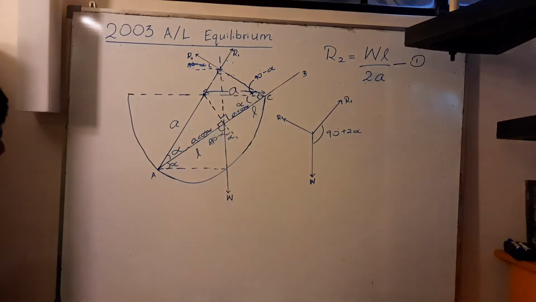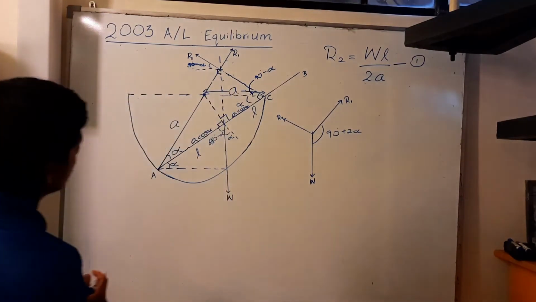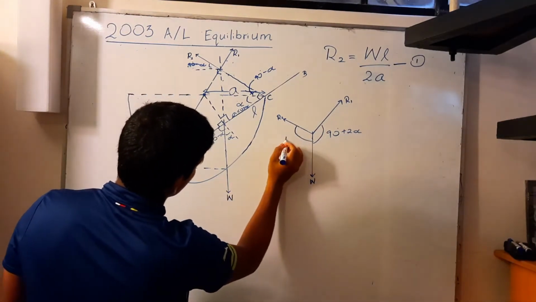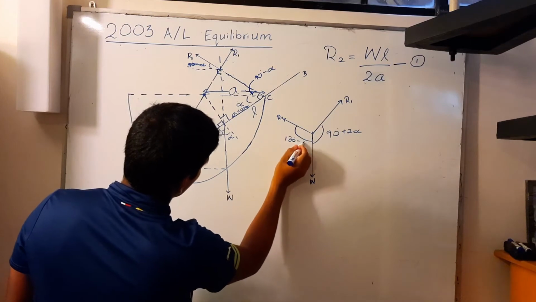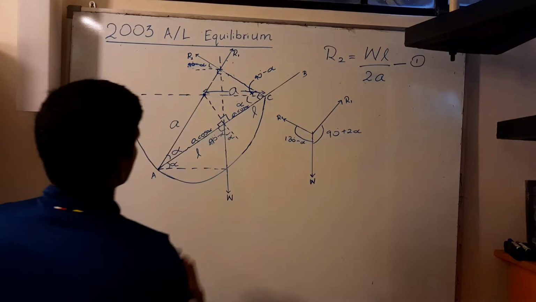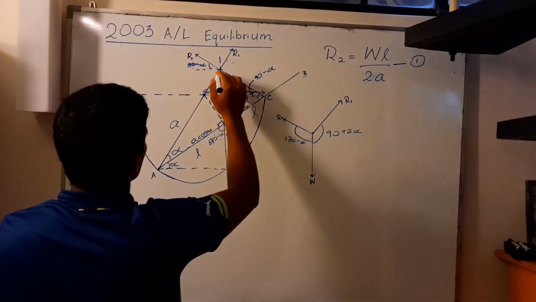So then 90 degrees plus 90 degrees minus alpha means this angle between R2 and W is 180 degrees minus alpha. And just to give you all an understanding, I'll mark the angles here.